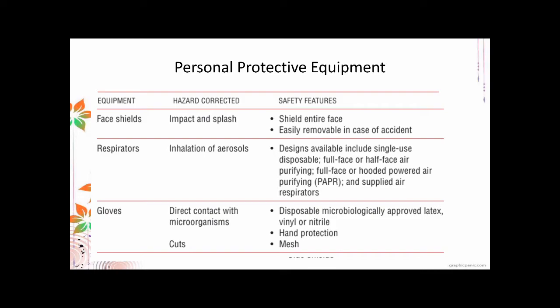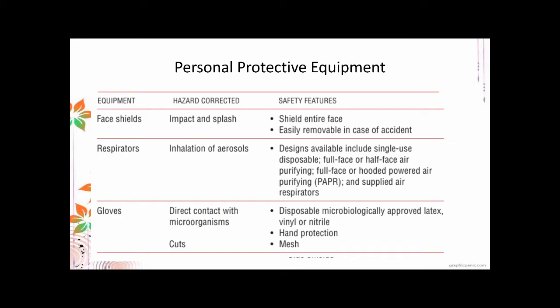And then respirators is usually seen in levels 3 and 4, BSL 3 and BSL 4. So it prevents inhalation of aerosol. So aside from the mask, respirator designs include a single-use disposable, full face or half face air purifying, full face or hooded powered air purifying or supplied air respirators. And then you have gloves.